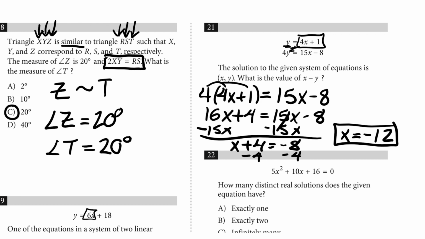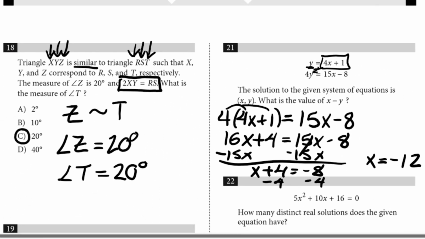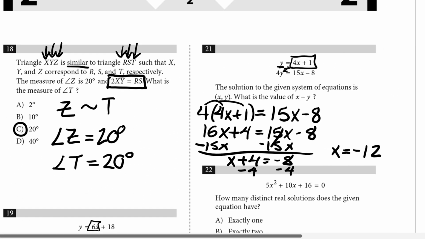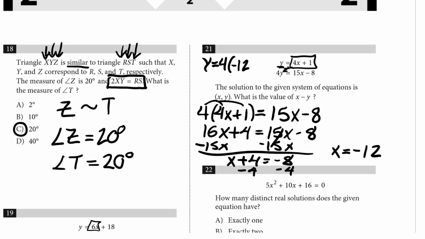At this point, we're going to plug in what x is equal to for x in the other equation. That will be y equals 4 times negative 12 plus 1. 4 times negative 12 is negative 48, plus 1 is negative 47.